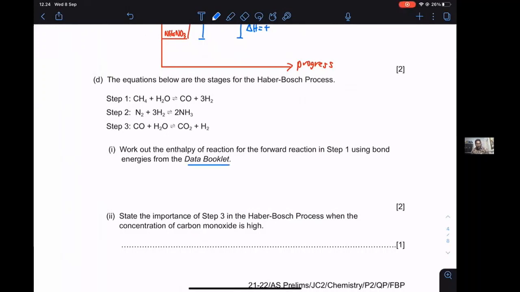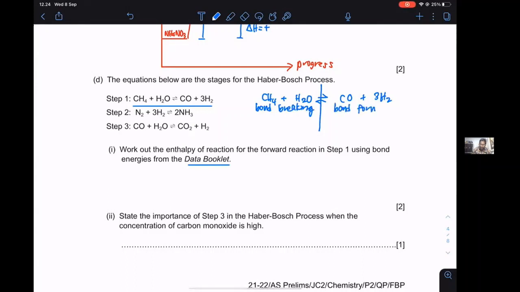So we need to write down step number 1, and use the bond energies from the data booklet. Here I have CH4 plus H2O, and when I have 3H2, it means I can separate this into 2. So this is going to be your bond breaking, and this is going to be your bond formation.